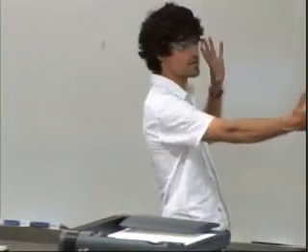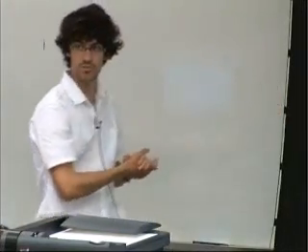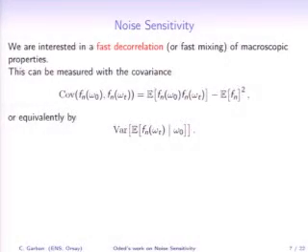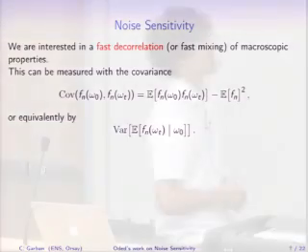So how to quantify that a big connectivity property, like the Boolean function we had before, mixes fast or loses its memory very fast? Very simply, we can quantify this with the covariance. We can look at the covariance of having a crossing at time 0 and having a crossing at time t.